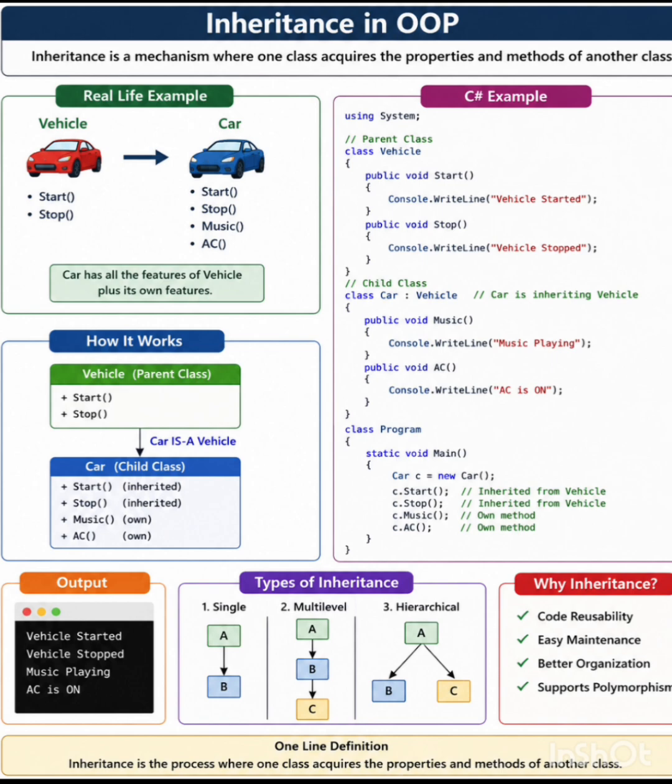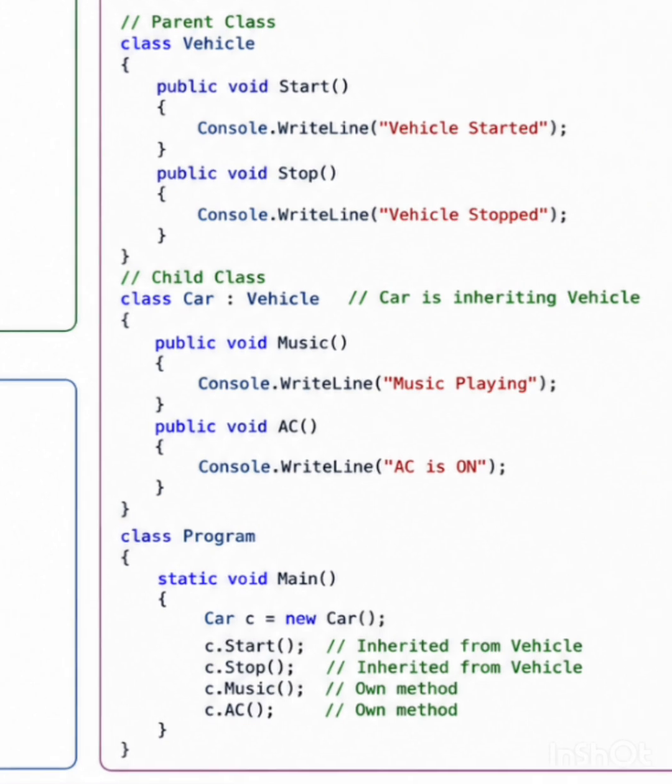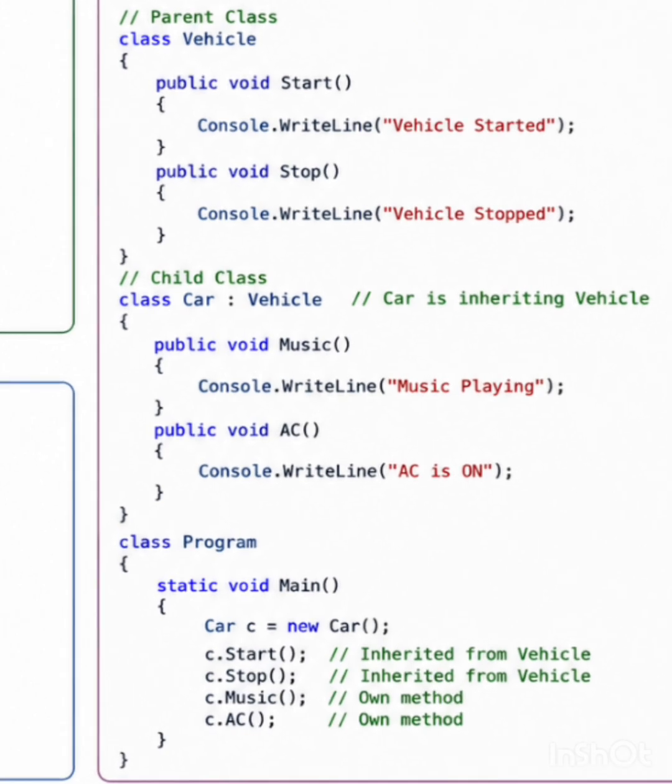Here, if you want me to explain programmatically, you can see this example. There is a class called Vehicle. In Vehicle you can see the common functionality, the start and stop methods. Now I'm creating a child class, Car. This Car inherits the Vehicle class, and as I already said, Car can also have its own properties.